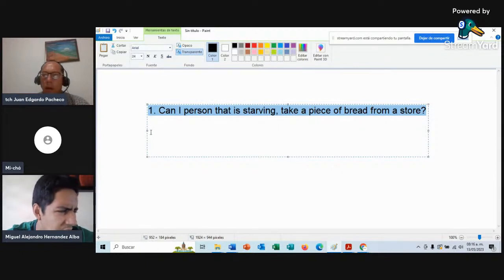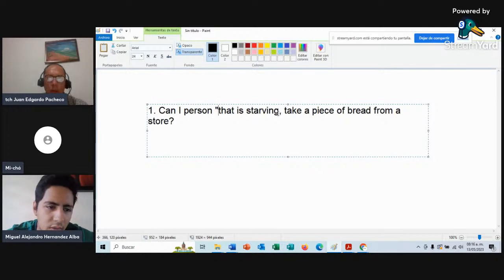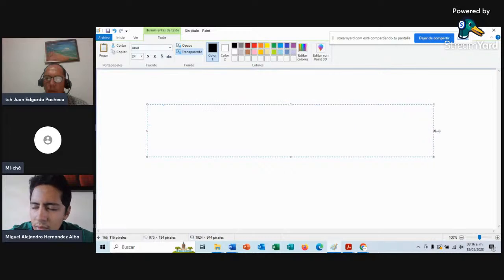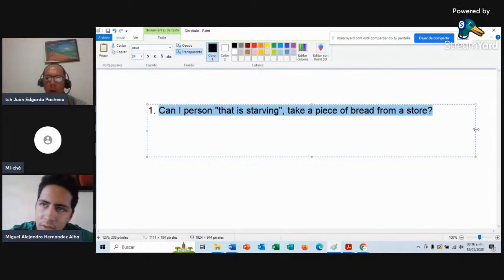Probably I wouldn't be angry because I could understand the situation, but I know that there are people who could get angry and it could provoke a bigger problem. So I would say that it is something bad, but if you are hungry or have this necessity to eat something, instead of just taking it, you can ask for permission.